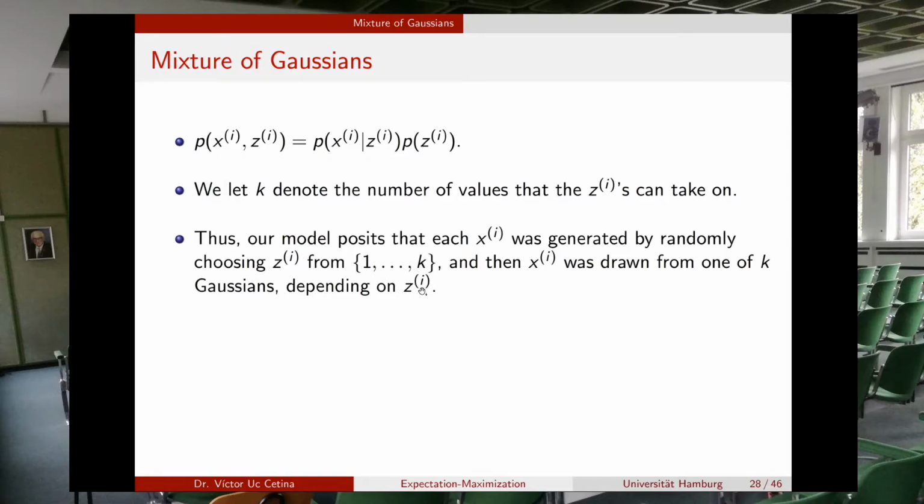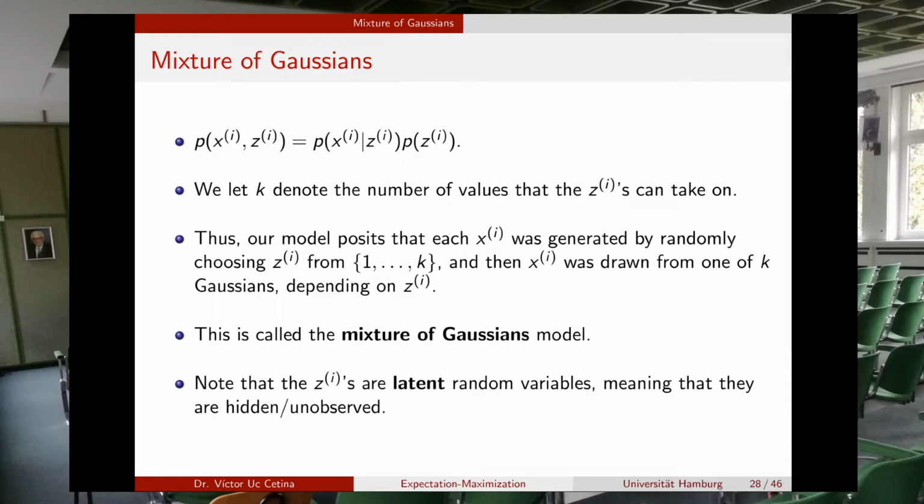This is called the mixture of Gaussians. Note that these are latent random variables or hidden random variables, meaning that they are unobserved. So we don't have this information.